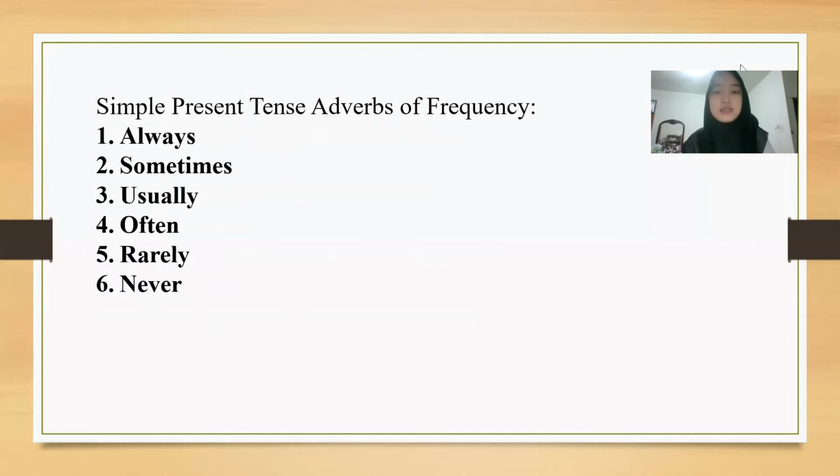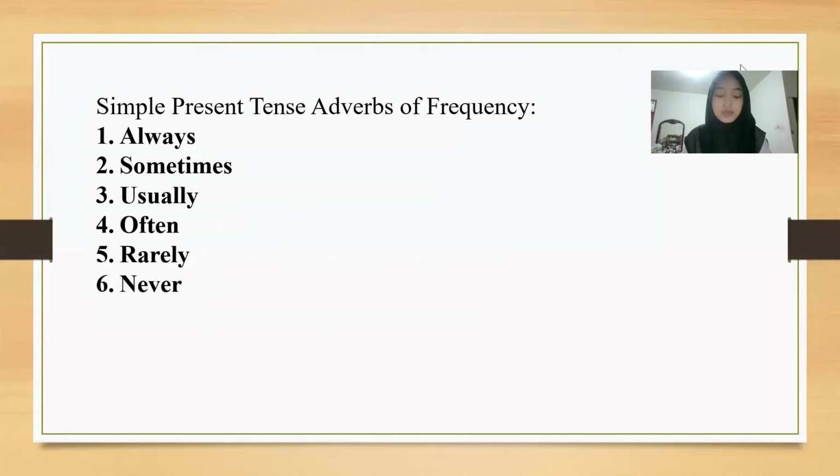Okay, so on the next, for example, simple present adverb of frequency. Always. The affirmative sentence, for example: I always do my homework. And then the negative sentence is: I do not always do my homework. And then the interrogative sentence: do I always do my homework?